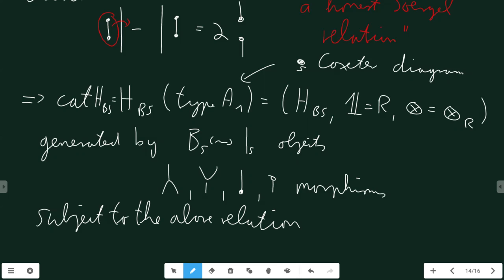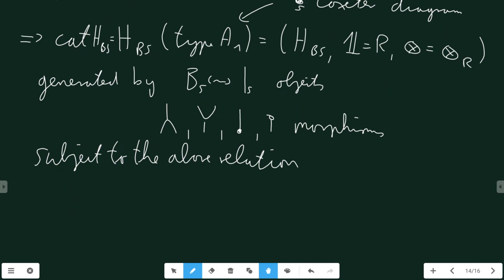And this is called the one color Soergel calculus.